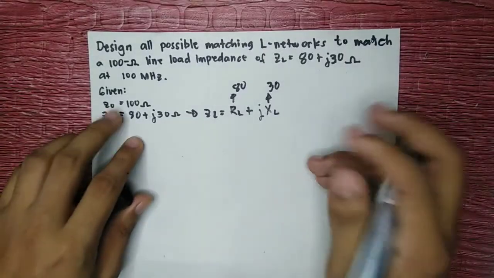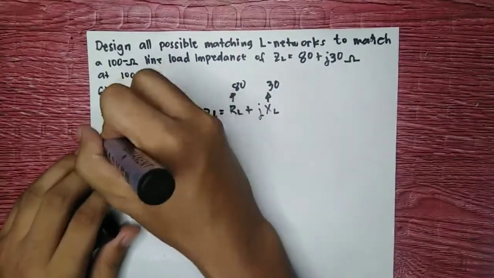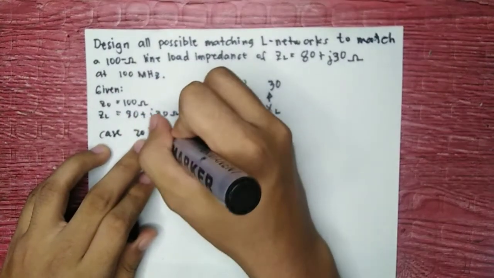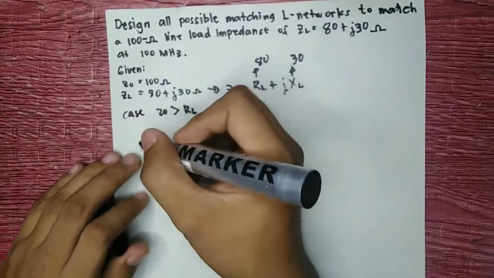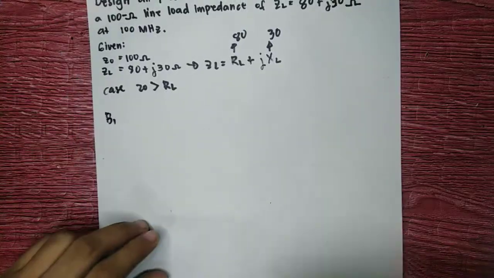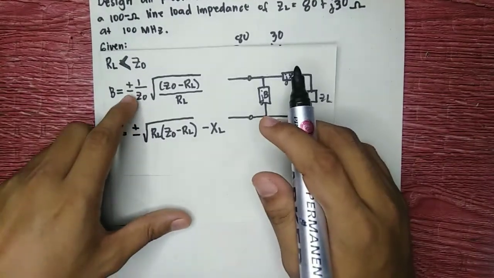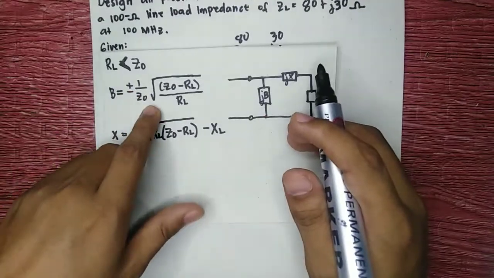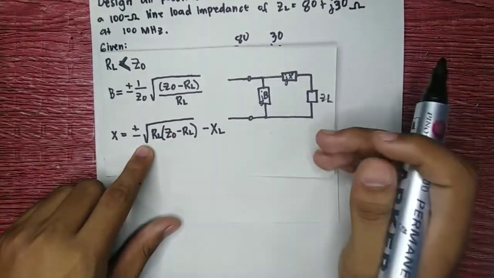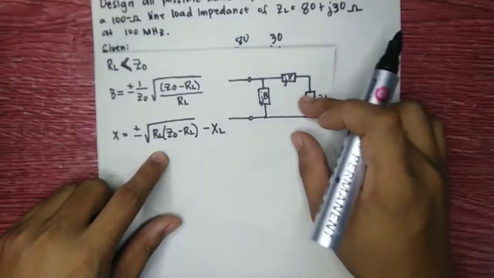So this is case 2, since ZO is greater than RL. Now let's find B1. We have here the formula for B1: plus or minus 1 over ZO times the square root of (ZO minus RL) over RL. And this is its block diagram.